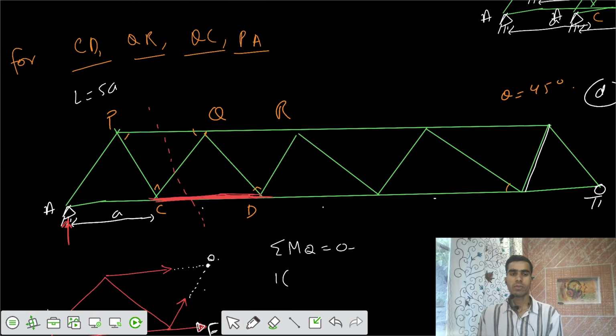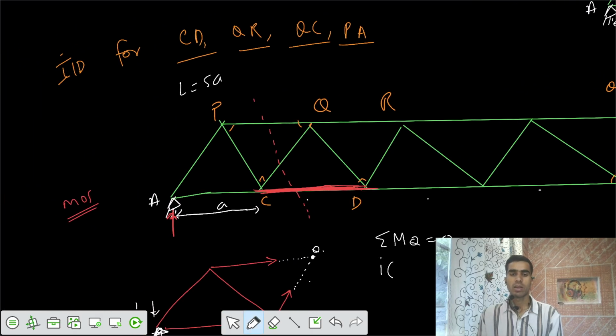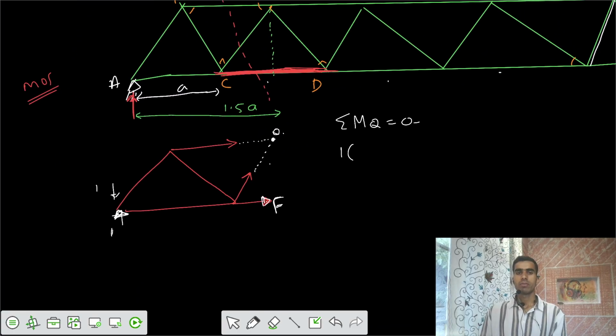If theta is 45 and the panel length is A, what is this length from the support A? Is this 1.5A? I think it's 1.5A.